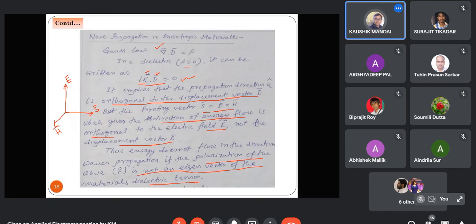Now, if you have any doubt, I don't know whether you are able to understand the discussion because it is only one-way communication. There is no interaction from your end.